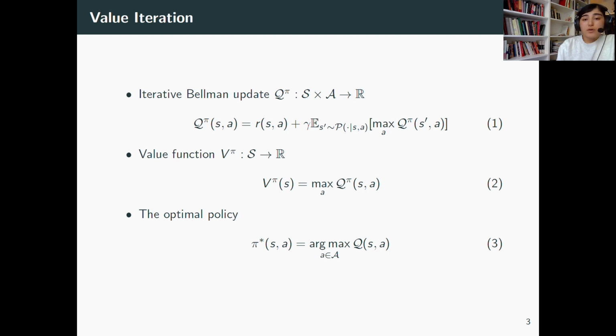The goal is to learn the state action value function for each state action pair. We have also the value function representing the value of the state, which is equal to the maximum of the state action value in state S, and we have the optimal policy pi star, which is executed by picking the action maximizing the state action value in state S.